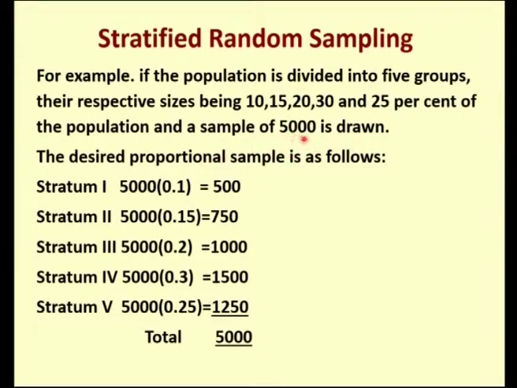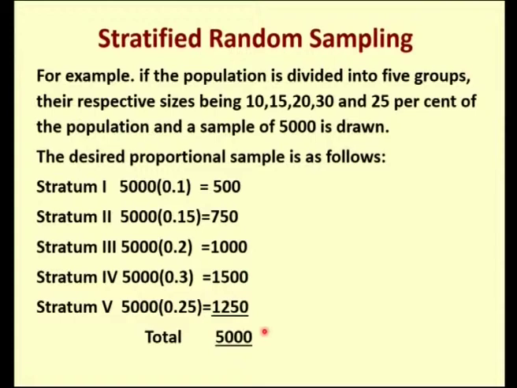You can divide the population into 5 subgroups called strata. For stratum 1, what is the weight given here? 10% of 5000, that is 500. For stratum 2, the weightage is 15, so 15% of 5000 is 750, and for strata 3, 4 and 5 respectively we have 1000, 1500 and 1250. This constitutes the sample.